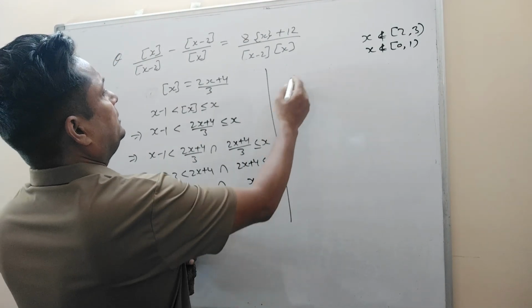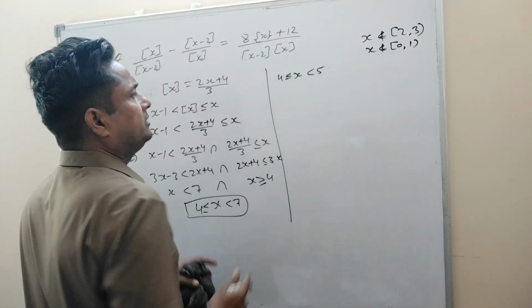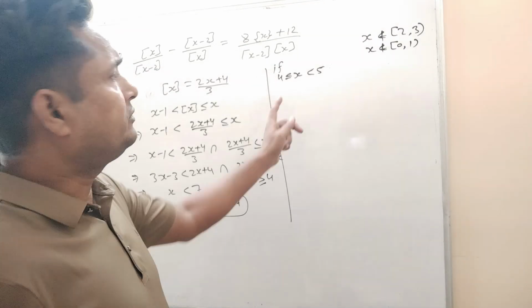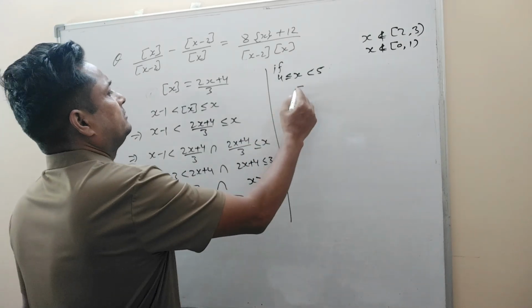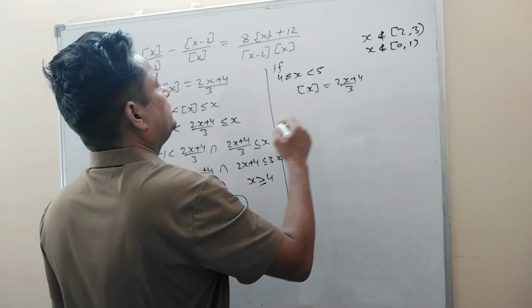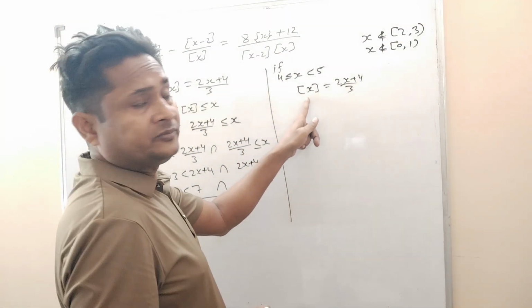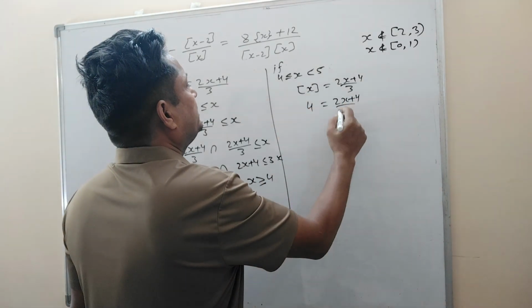Here we can choose x greater than or equal to 4 and less than 5. If x lies between 4 to 5, then the greatest integer of x is equal to 2x plus 4 by 3. In 4 to 5, the greatest integer will be 4.